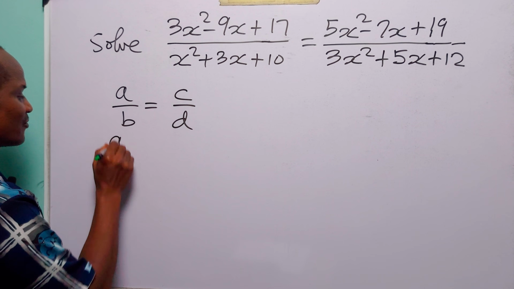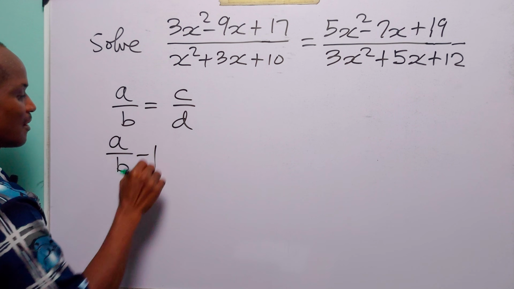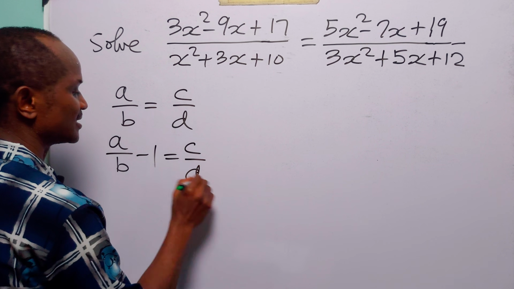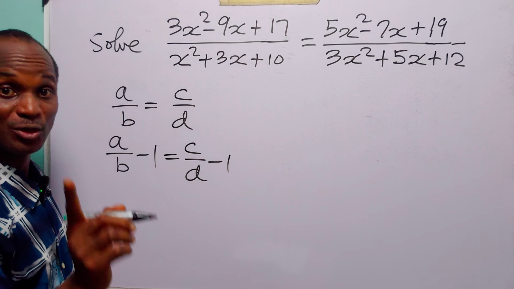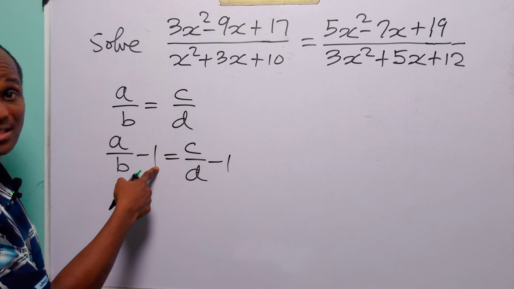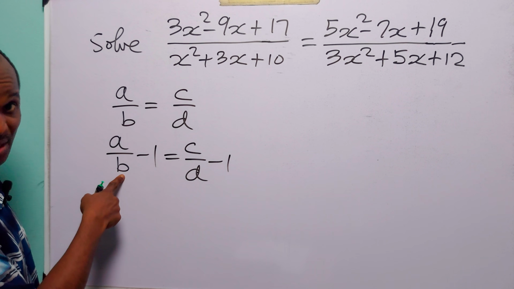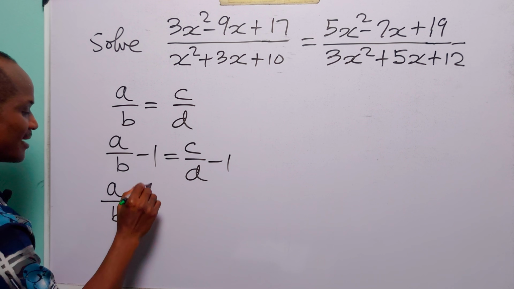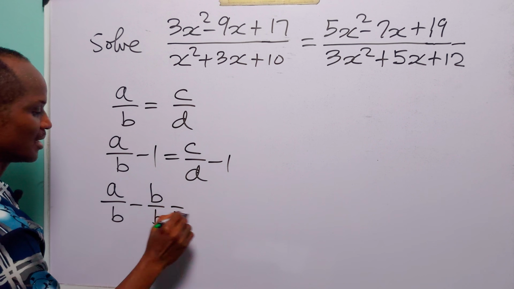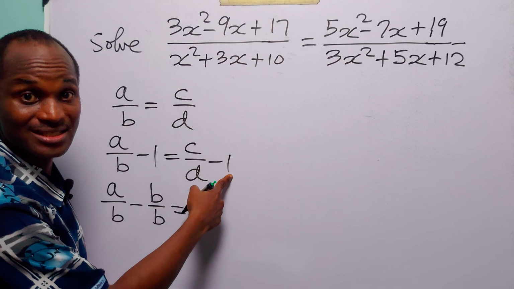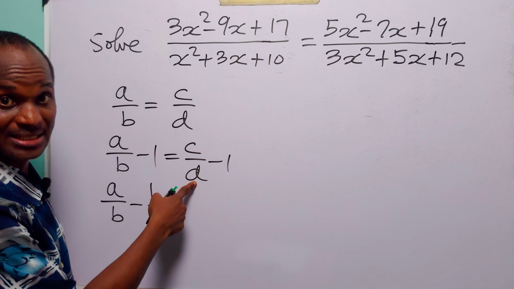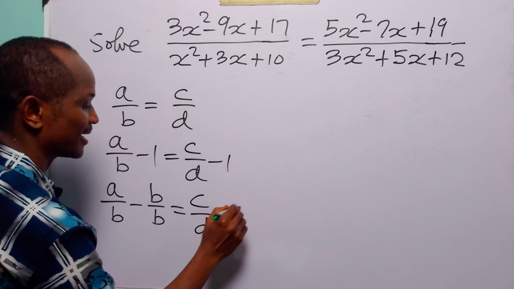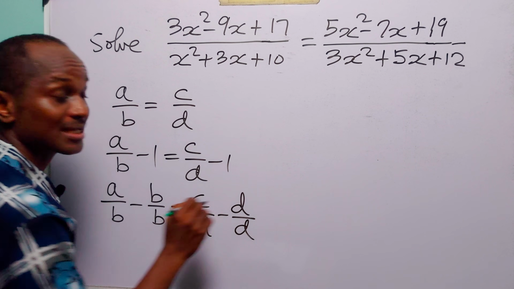When we do that, we have a over b minus 1, and this is equal to c over d minus 1. But of course, you know that we can write this one as b over b. So on the left, we have a over b minus b over b. And we can also write this one as d over d. So on the right, we have c over d minus d over d.